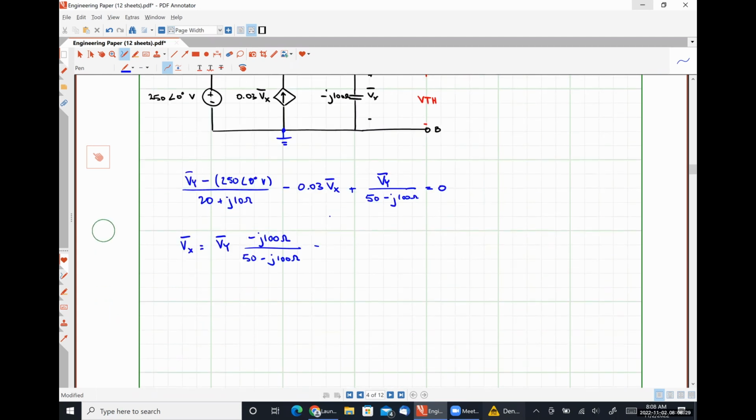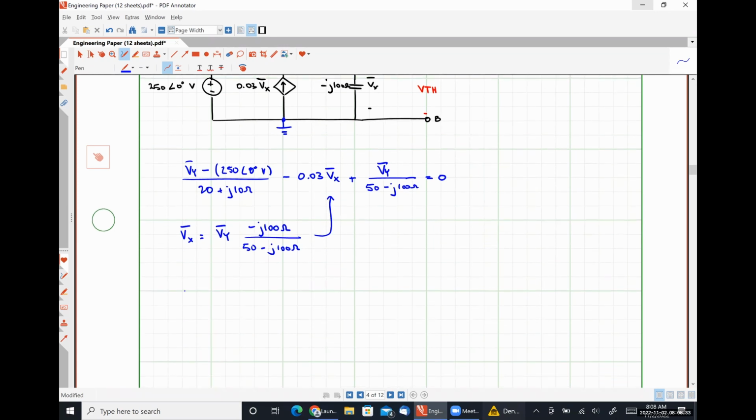So I would substitute this in right here, and what I will wind up having is Vy times, so let's see, I'm going to have 1 over 20 plus j10.